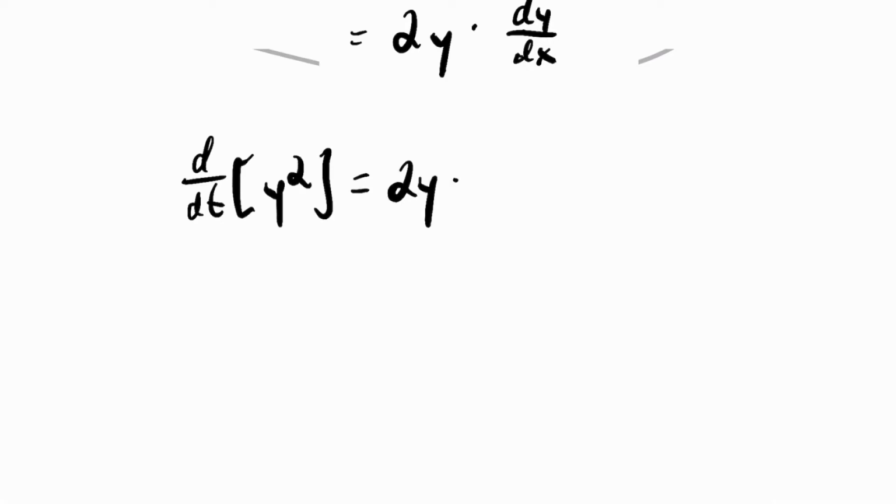This is 2y times dy dt, whatever that happens to be. Until I have access to that as a formula or as a number, I just have to leave it the way it is. In a related rates problem, typically you'll be given that y is changing at some rate, 2 units per second or 2 units per day or whatever it is.